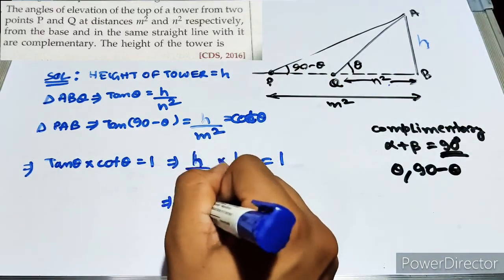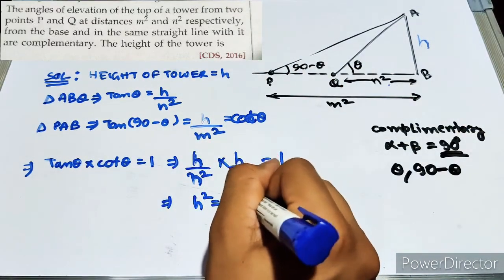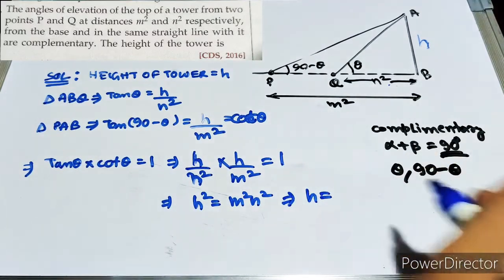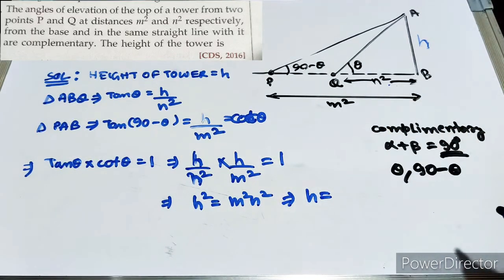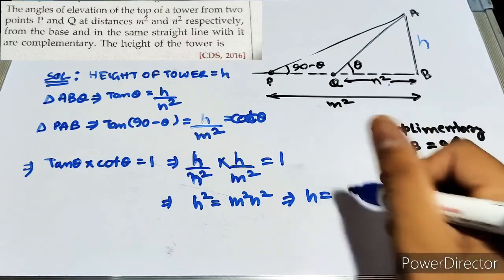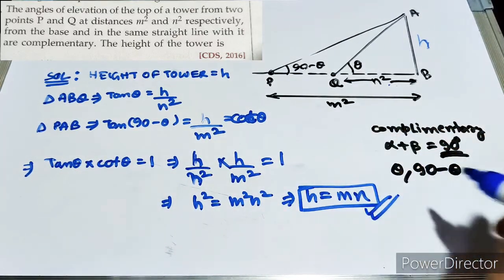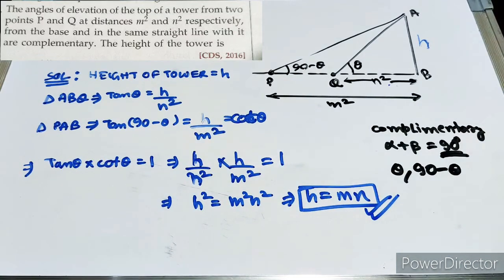So this implies h square equals m square n square. So h equals the square root of m square n square. This can be plus or minus mn, but since h is always positive, we put it as m into n. They have asked only the height of the tower, so our answer is m into n. Hopefully you got the answer.